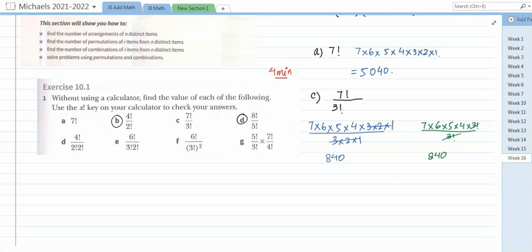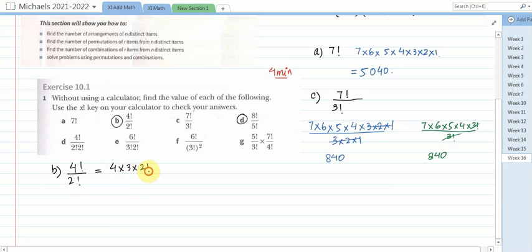If you talk about part B, it says 4 factorial divided by 2 factorial, which equals 4 into 3 into 2 factorial divided by 2 factorial. The answer is 12.